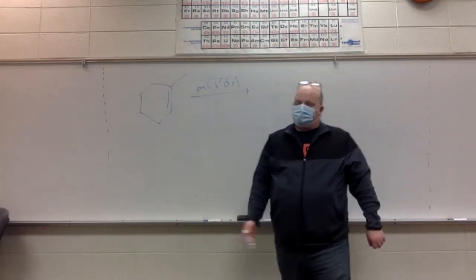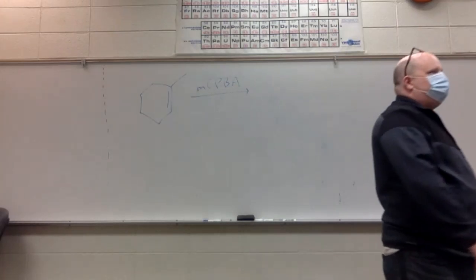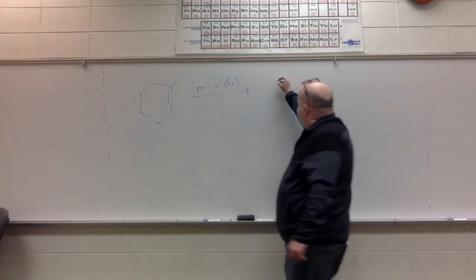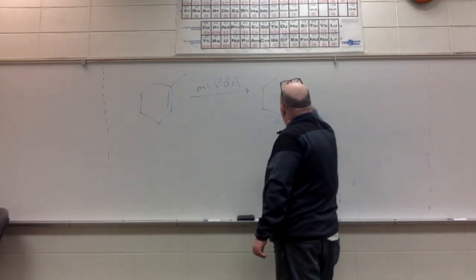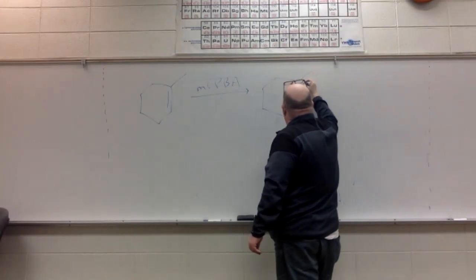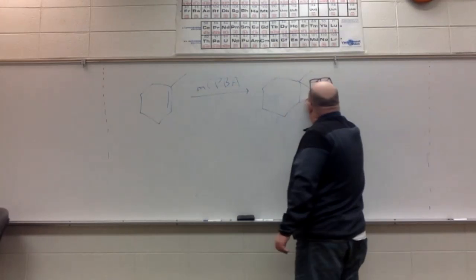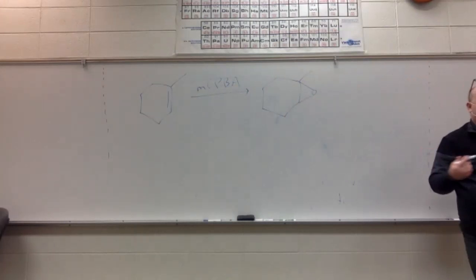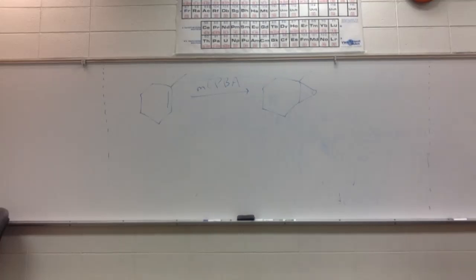Well, we got a peroxy acid. We got an alkene. We know we're getting an epoxide, right? That should be automatic. All right, so you know you get that. But again, go over your mental checklist. Look at your product. Did you make any new stereogenic centers? See some nodding.